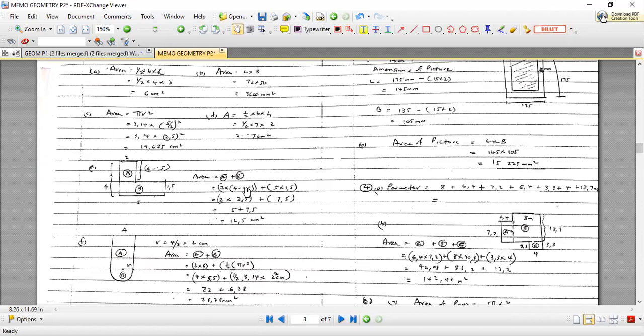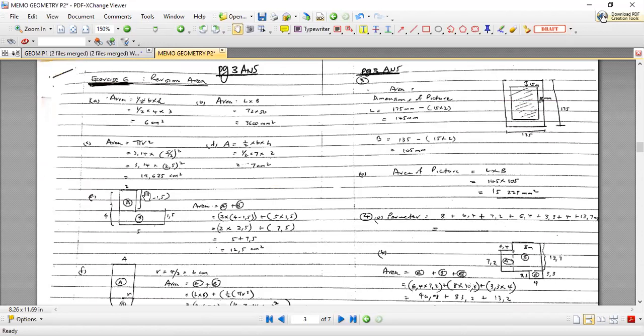And in the rectangle, we see that I've divided it into A and B. We enlarge that there.